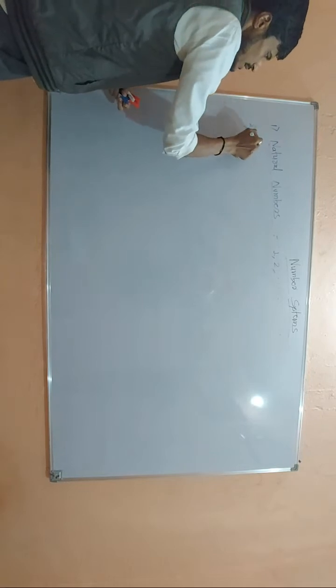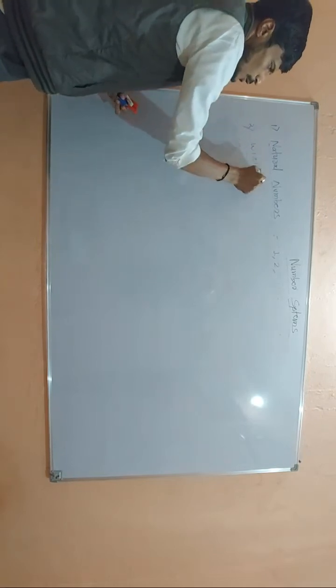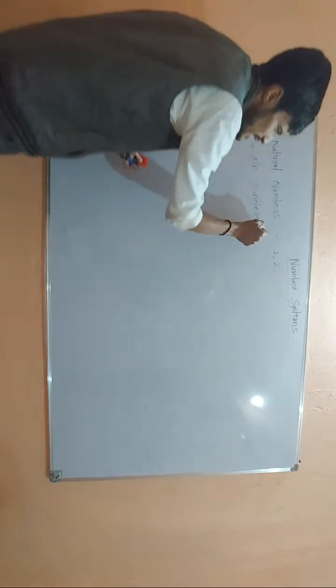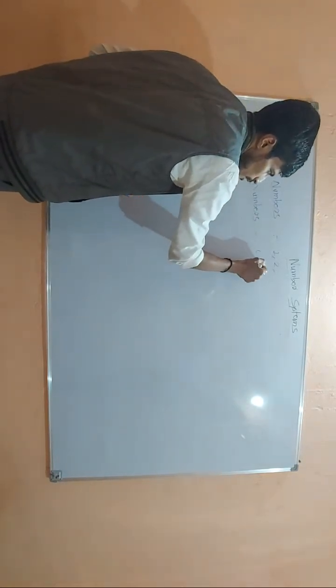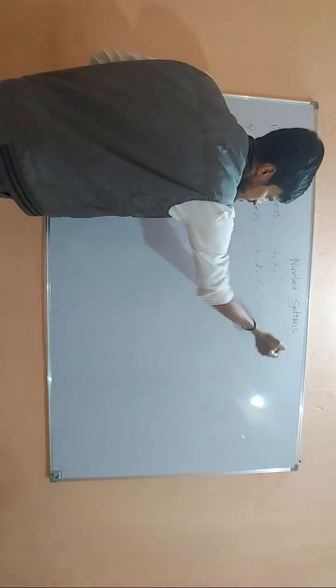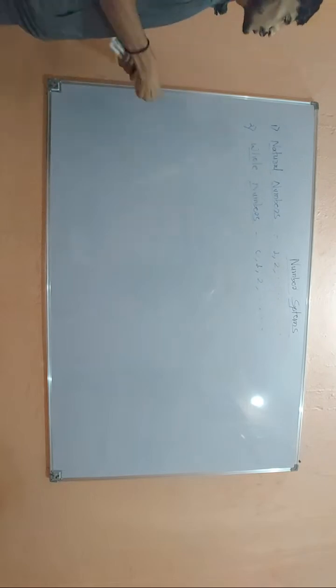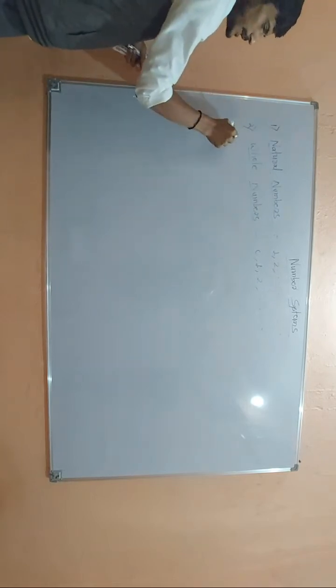Then the second one, whole numbers. Whole numbers start from 0, then 1, 2, onwards to infinity. Then we look at the integers.